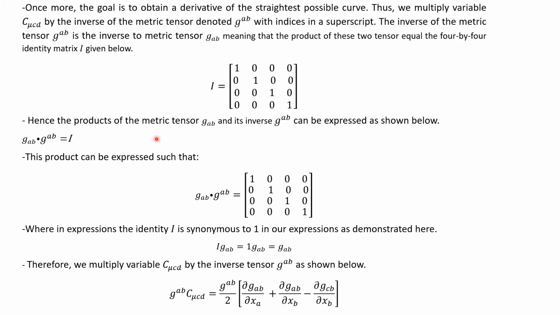Hence, the product of the metric tensor and its inverse, these two, can be expressed as shown here, where we multiply the metric tensor times its inverse tensor, which equals the identity matrix, as we see here.